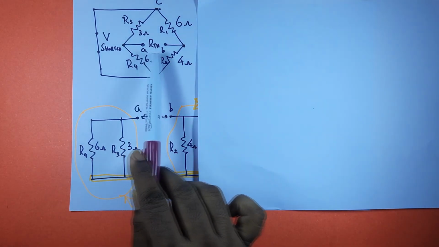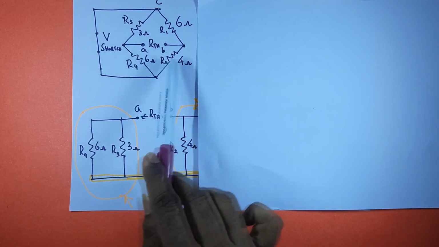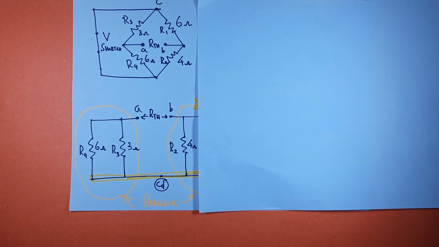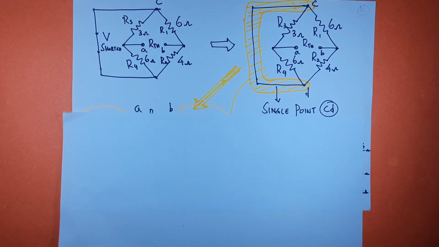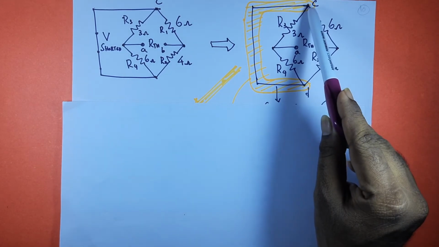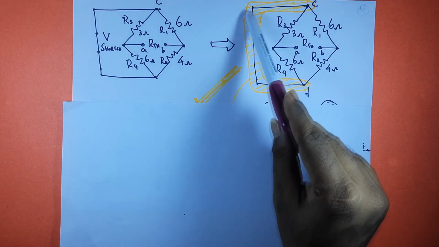Whatever resistance you find across the terminals A and B is going to be the Thevenin resistance. Next, with the same circuit, after short circuiting, this is simply a wire.